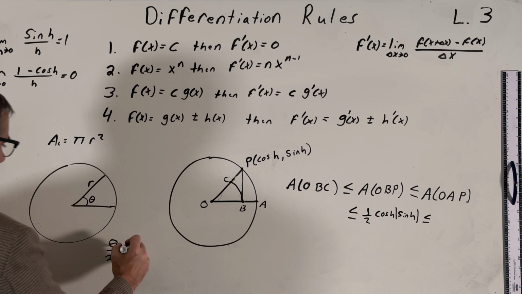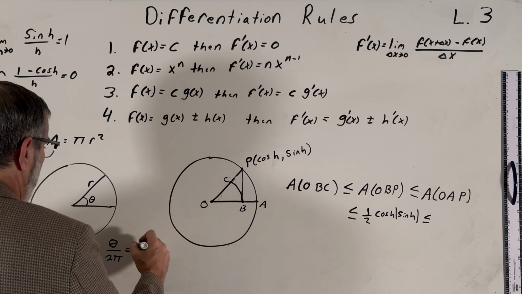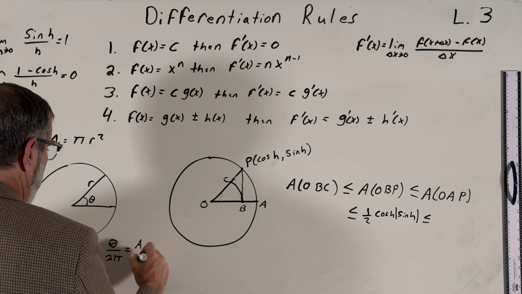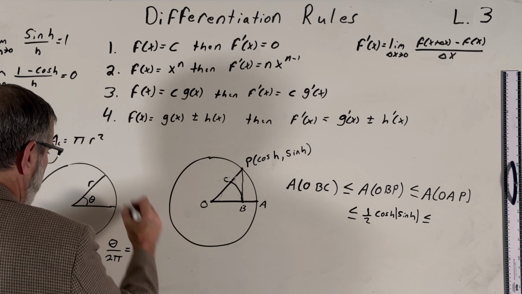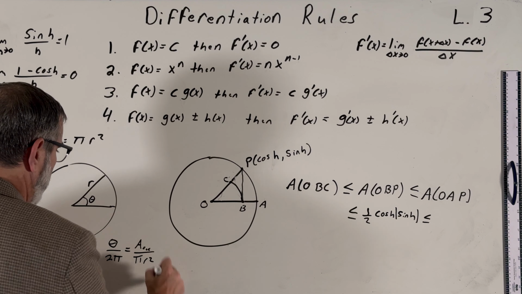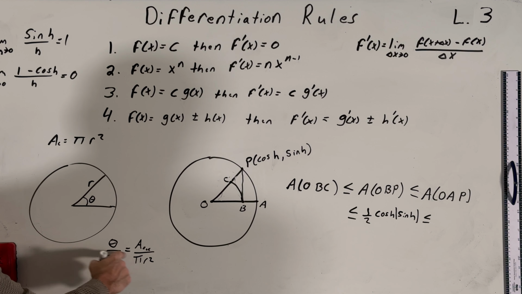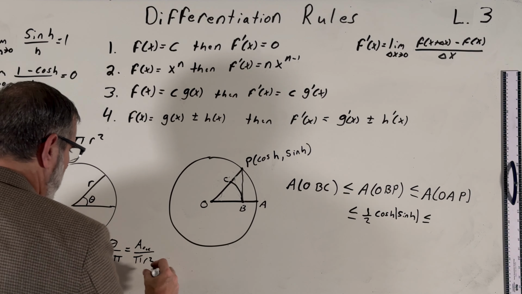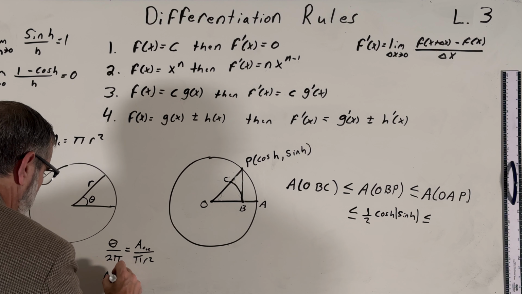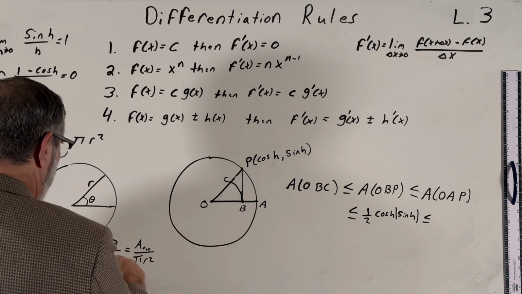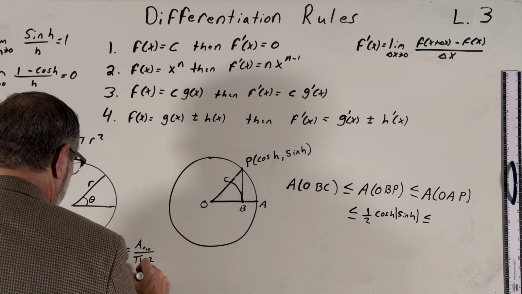Theta over 2 pi should be equal to the ratio of the area of a sector over the area of a circle, which is pi r squared. So solve for area of a sector, right? And that tells us that the area of a sector is equal to, the pi's cancel, we'll get 1/2 r squared times theta. And so we'll use that to get these areas here.